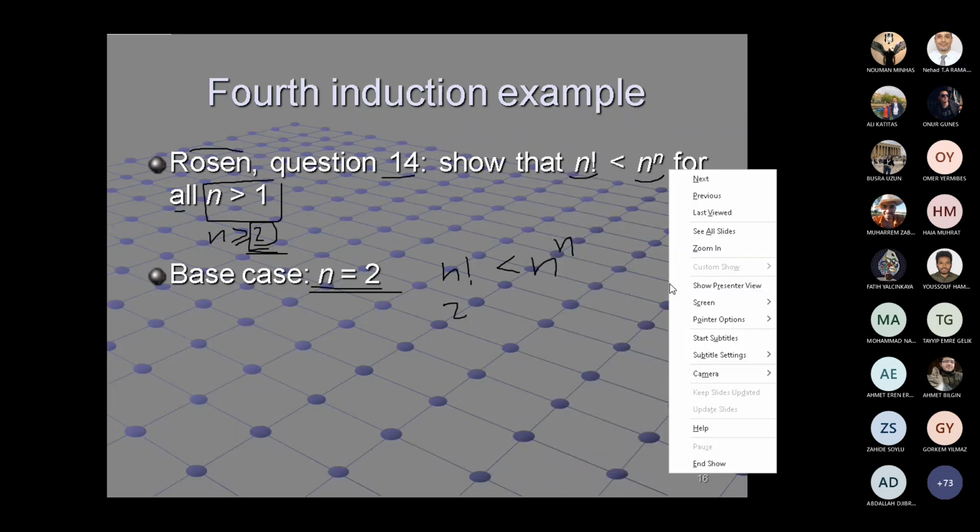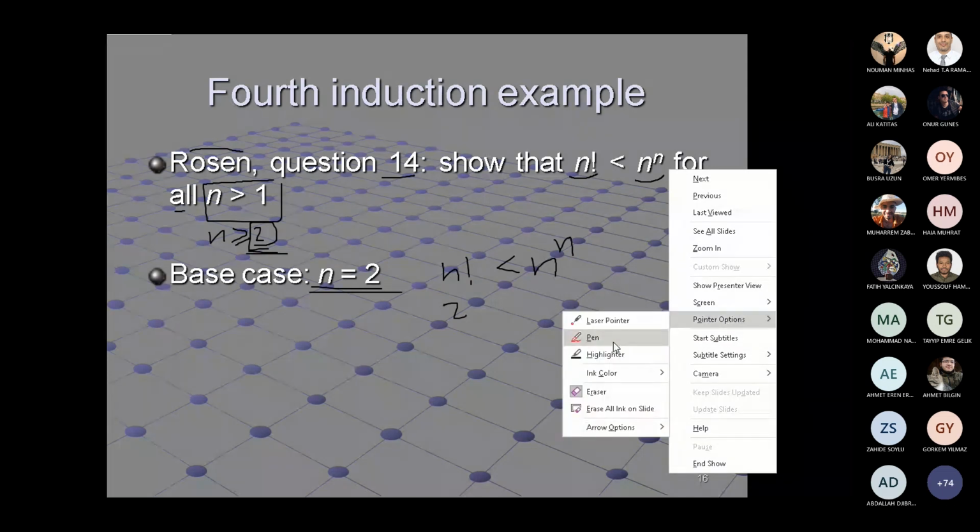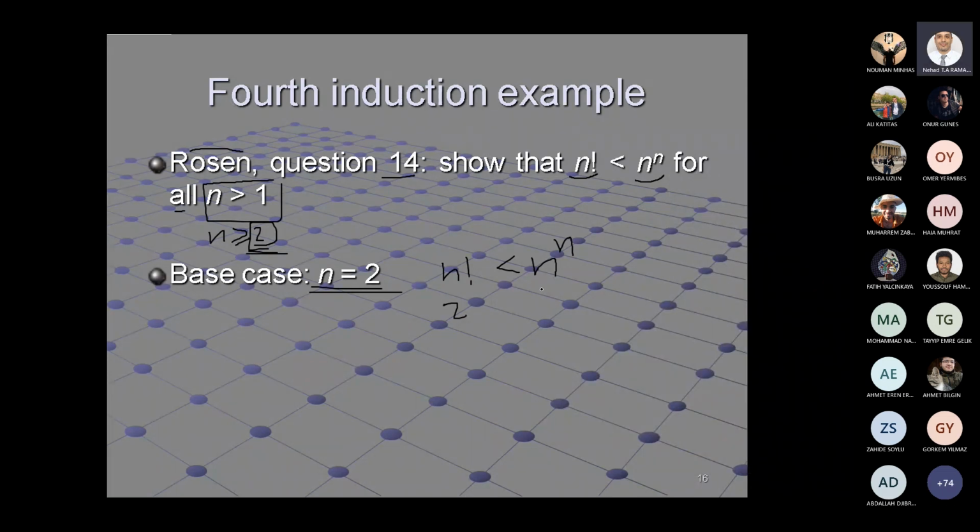And n to power n is 2 to power 2, which is 4. So, yes, 2 is less than 4.